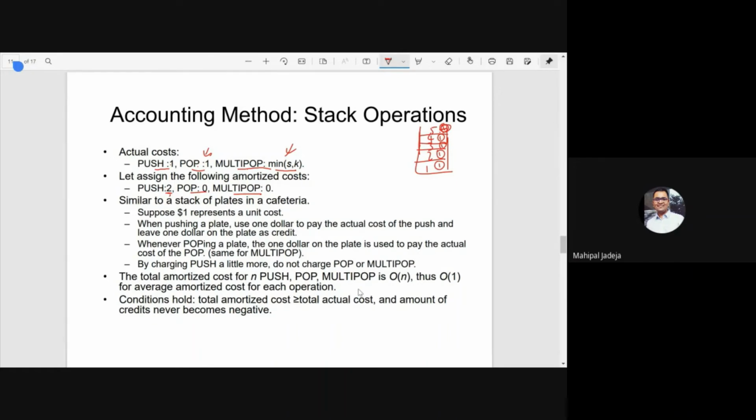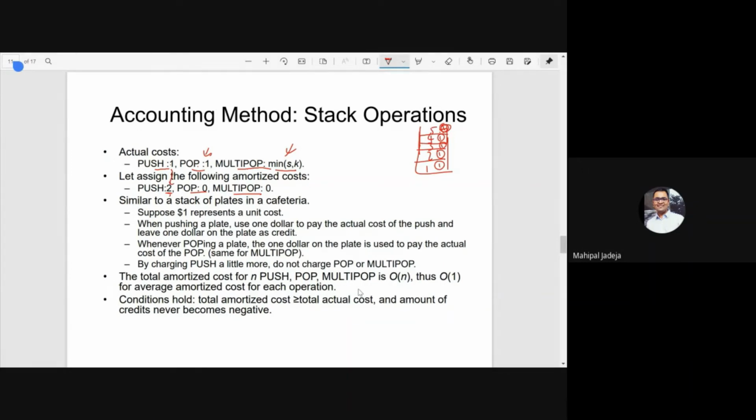If you recall, with respect to aggregate analysis, we analyzed that the cost associated with push is equal to the cost associated with the total number of pops or multi-pops. So we are using that observation only. With that relation, we are giving double to the push operation, and then we don't need to pay anything for pop as well as multi-pop.